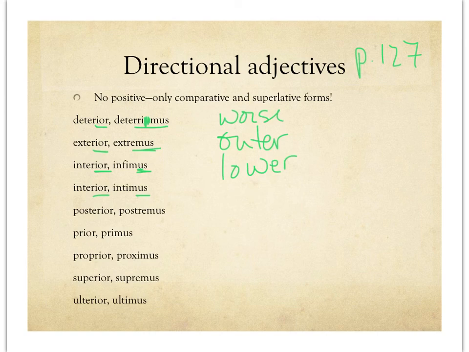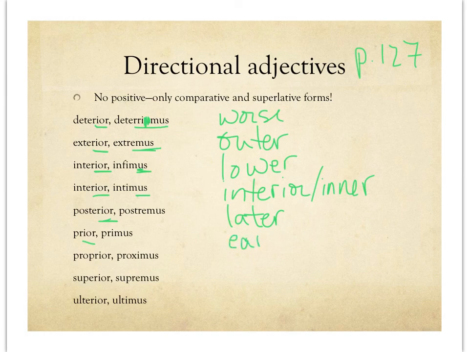Interior is interior, right? So inner, and intimus is innermost. Posterior, you can see, is later. Postremus would be last. Prior is earlier, and primus is first.